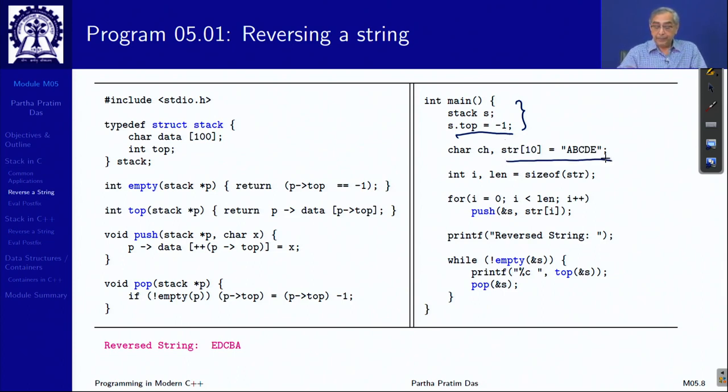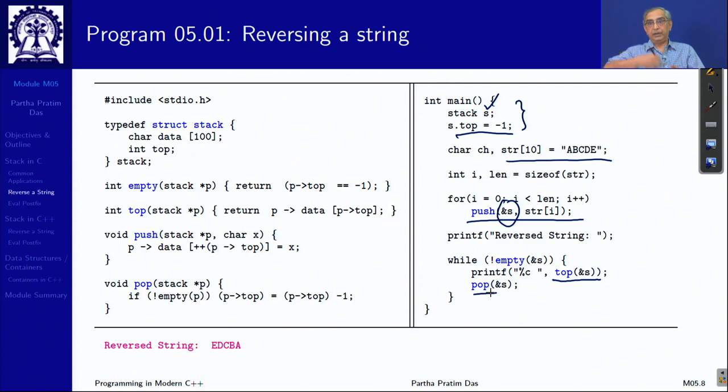Then I have an array. Now, I am trying, with an array of characters, to reverse that string. So, I keep on taking characters one by one, keep on pushing them in the stack that I have. I am using that particular stack, and once I am done, then I keep on finding the top and popping it, top, pop it, top, pop it.